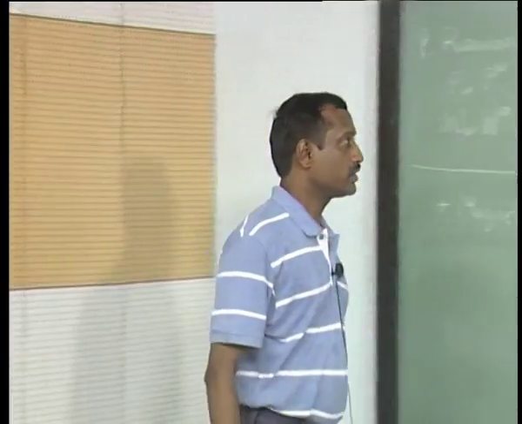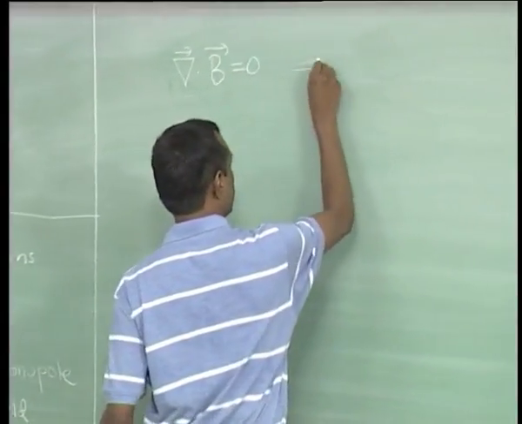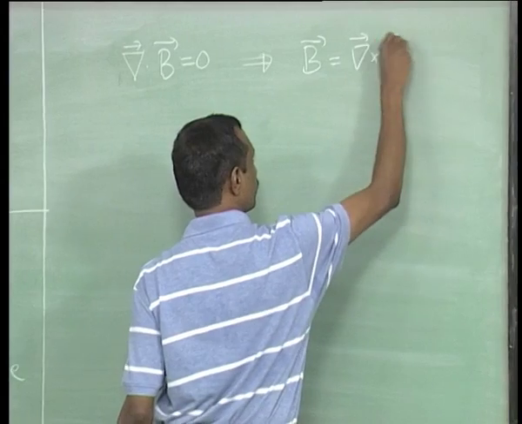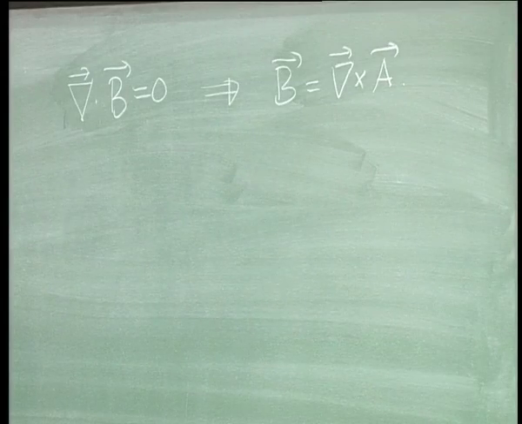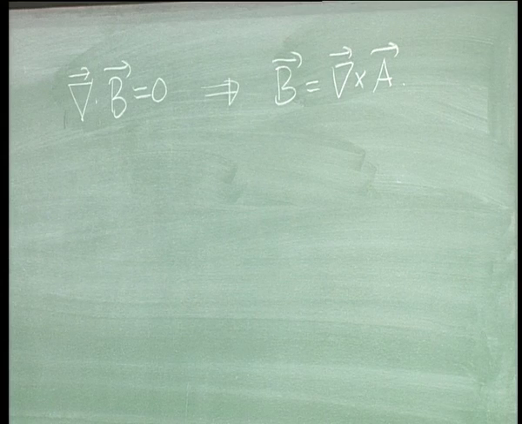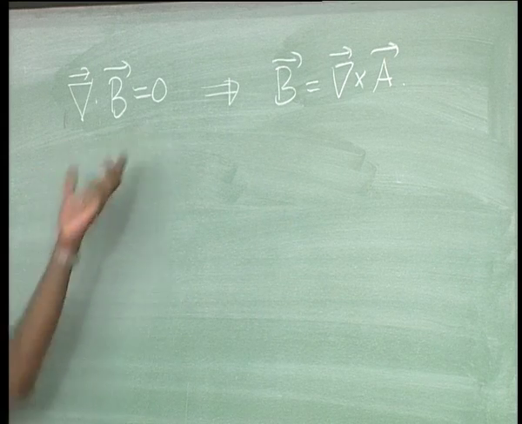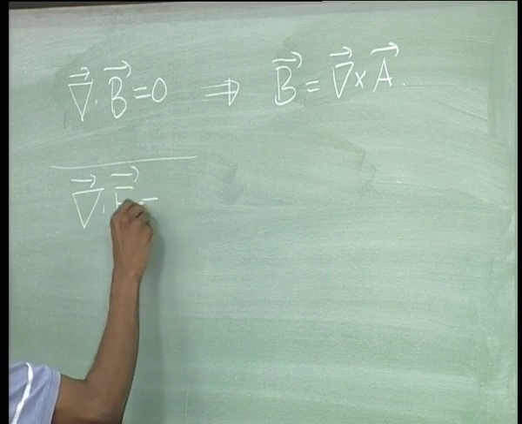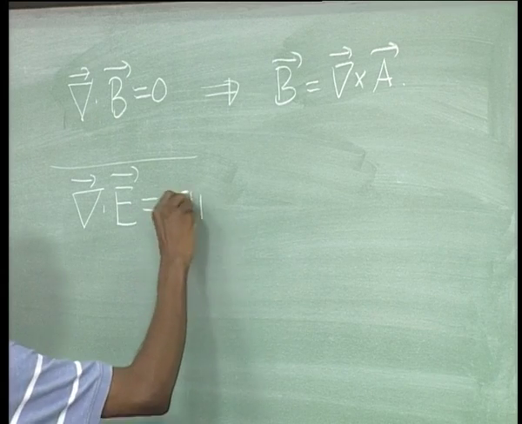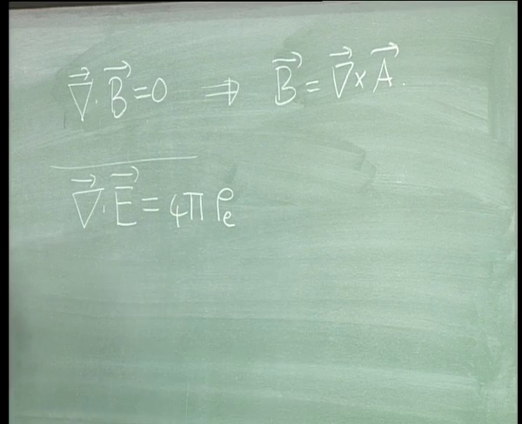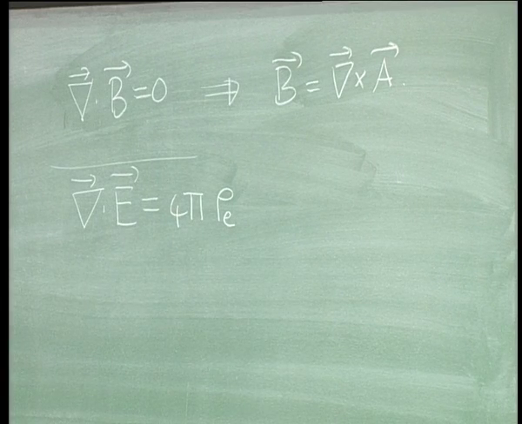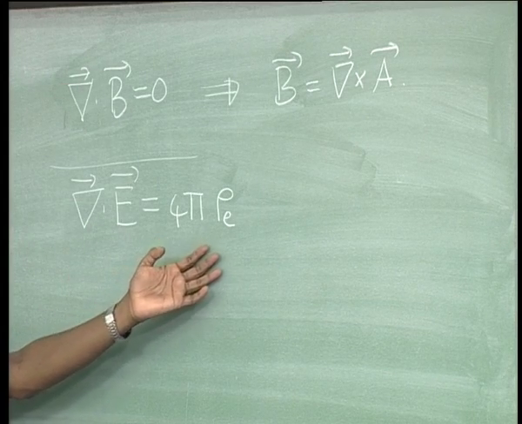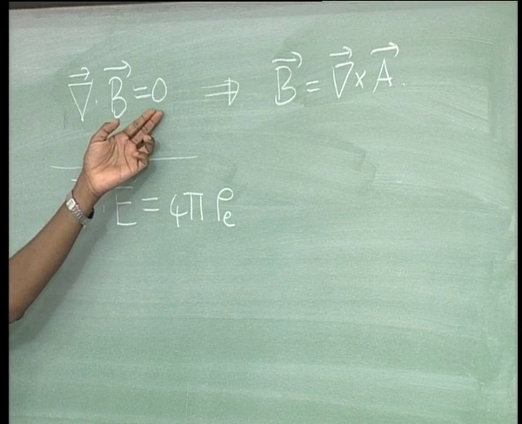This is what lets us solve for B in terms of the vector field A, just by analogy with the electric field, where I put a subscript E. The difference between these two is that there are sources of electric charge while there are no sources of magnetic charge.